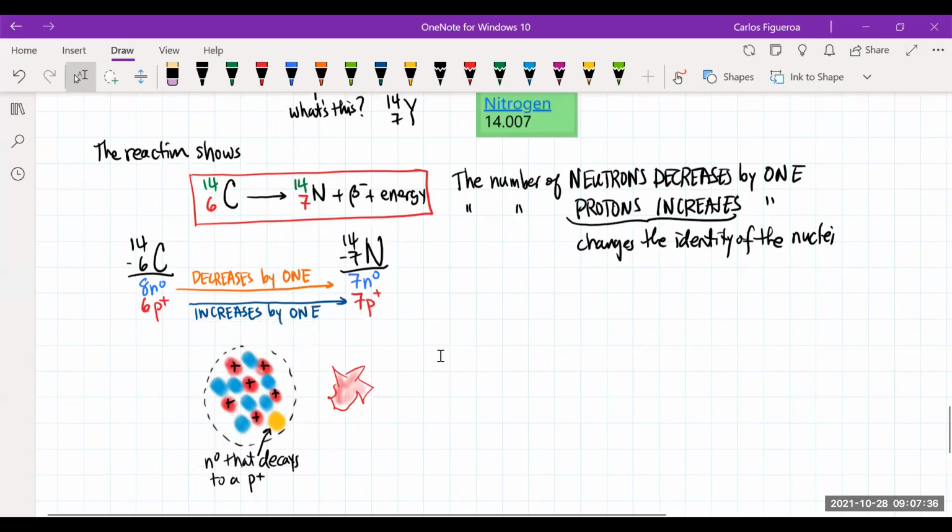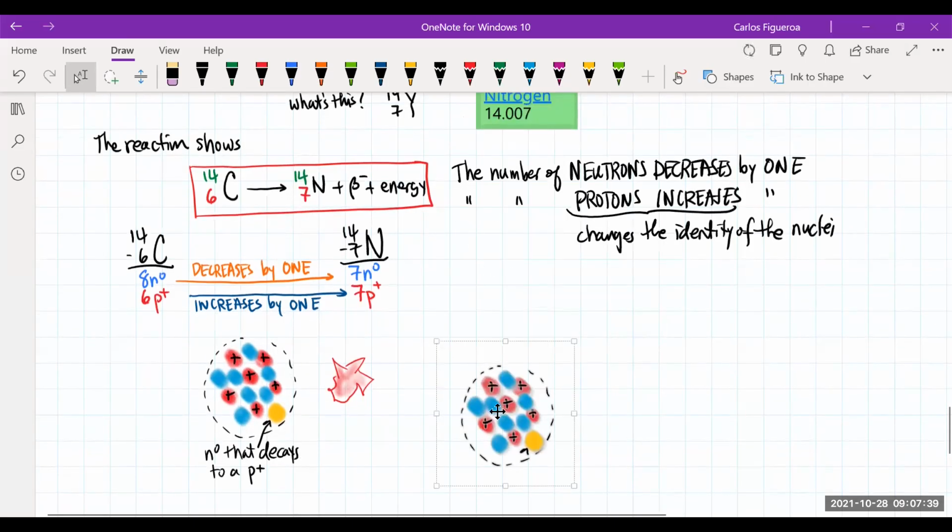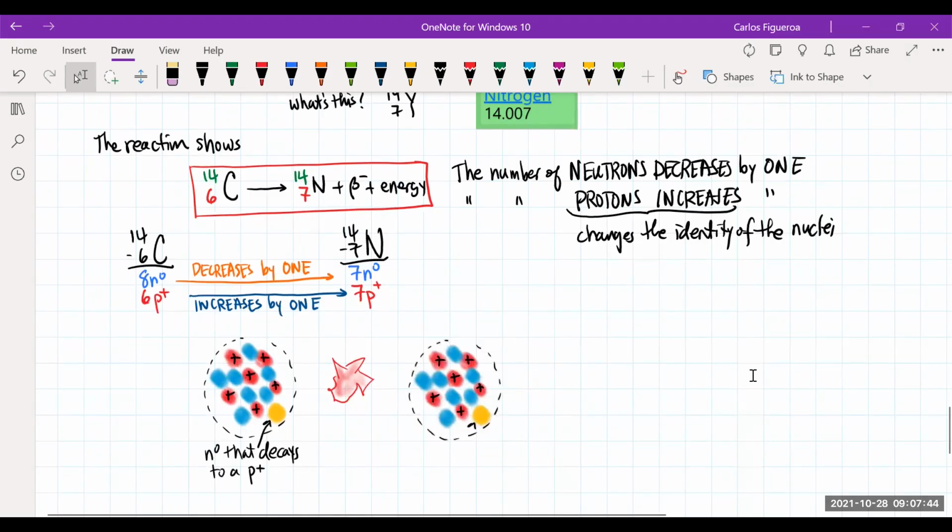And I'm going to go put this right here. So suddenly there's a new atom. And what I'm going to do here is that instead of yellow, it changes, and I'm going to draw a green. And that green now becomes the extra proton. Okay, so then this green right here, this is the extra proton.